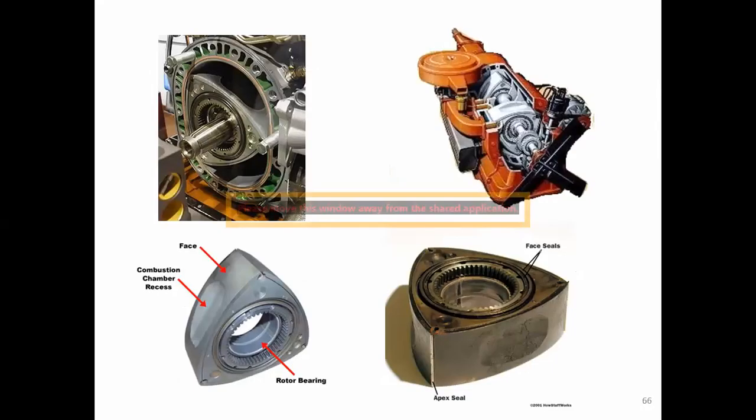Okay, and these are the actual pictures of the rotary engine. Does anyone know who is the car maker that makes rotary engines, the Wankel engine? Anybody know who is the only car maker nowadays that makes rotary engines?